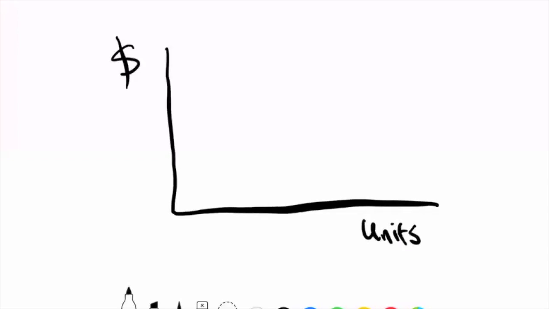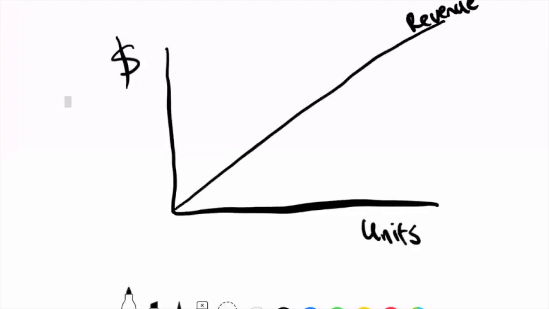And so we have going up our revenue, then we want to understand our fixed costs. From here, we would draw our total costs, which starts from fixed costs.